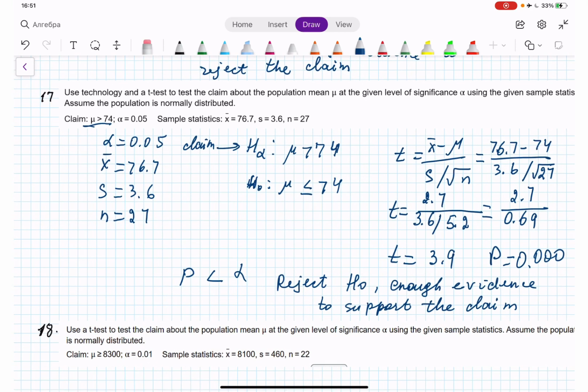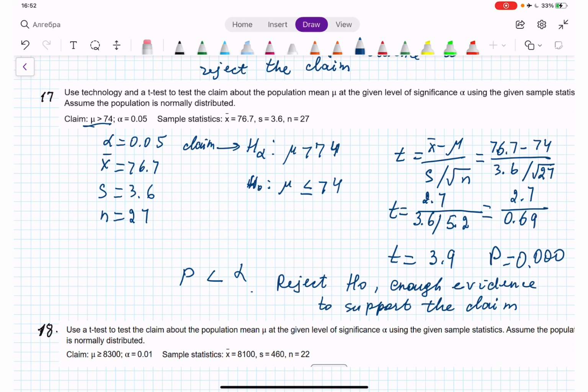Since we reject the null hypothesis, and the alternative is a complement to the null, rejection of the null means we support the alternative. Therefore, since we rejected the null hypothesis, we support the claim, and there is enough evidence to support it. So it works like that: when the p-value is less than alpha, we reject the null hypothesis. If the p-value is greater than alpha, we fail to reject the null hypothesis.